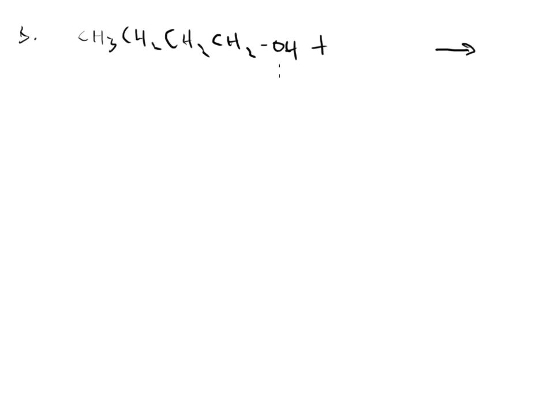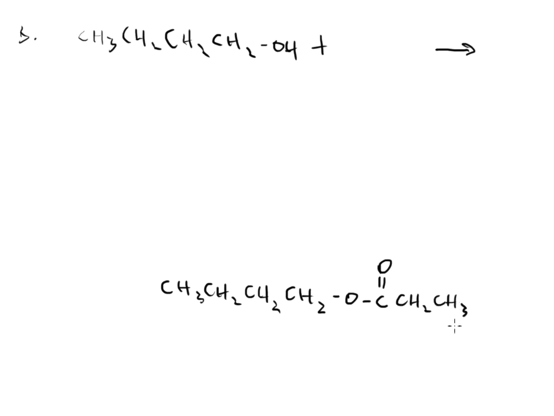And I have to add something to that and end up with something that looks like this down below: CH3, CH2, CH2, CH2, with an O on a carbon that has a double bond O, with a CH2 and a CH3.